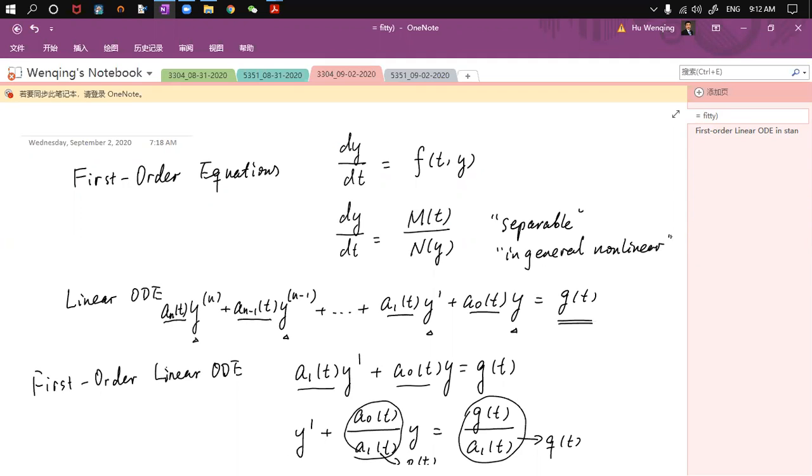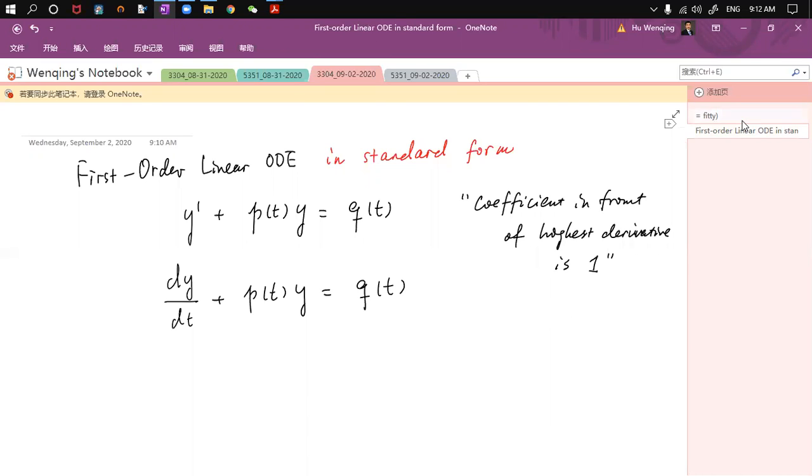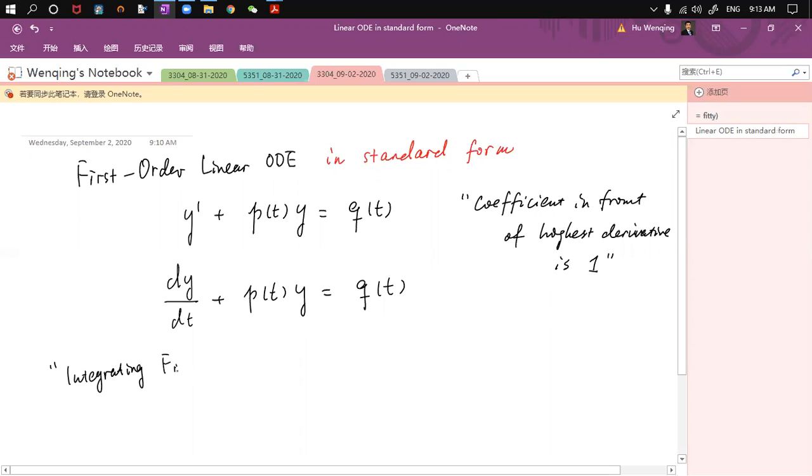If it cannot be solved by separation of variables, simply it cannot be solved, so you won't see such a problem. But if you have a linear first order equation, then we're going to talk about another method of solving it. We're going to call it the integrating factor method.